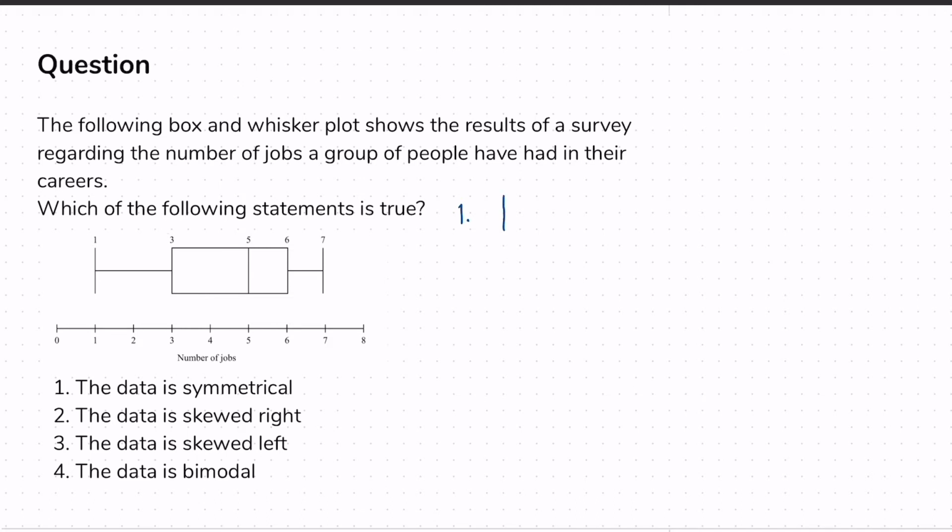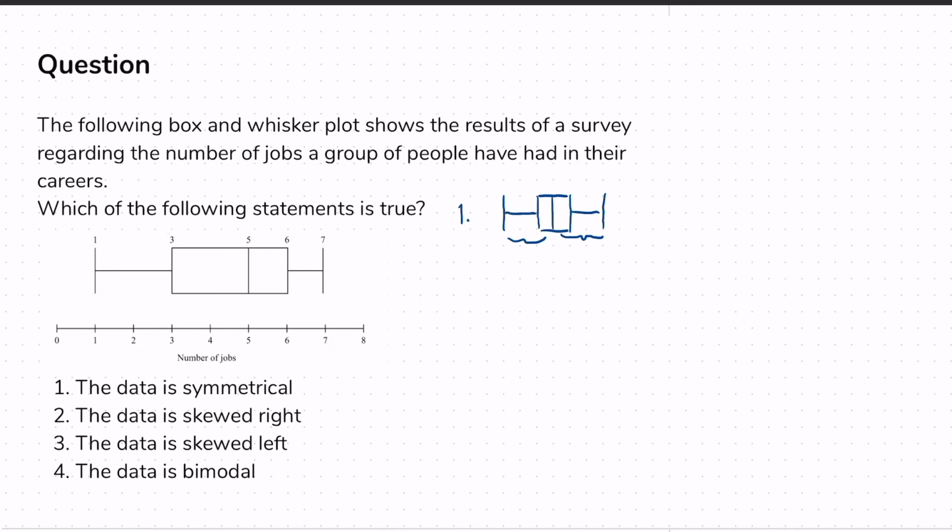So if this is where my range is, then I would expect to see the median in the middle of these two. So this distance is the same, and this distance is the same, and the same is true for the upper and lower quartile. They could be here and here, or here and here. Wherever they are, they have to be symmetrical, the same distance from the middle.